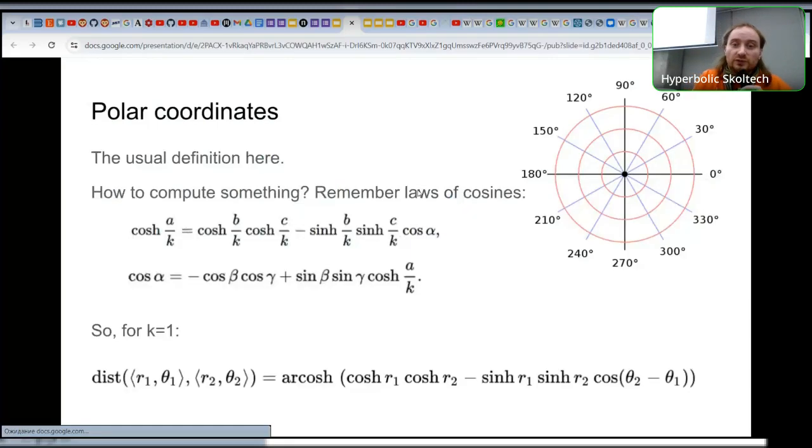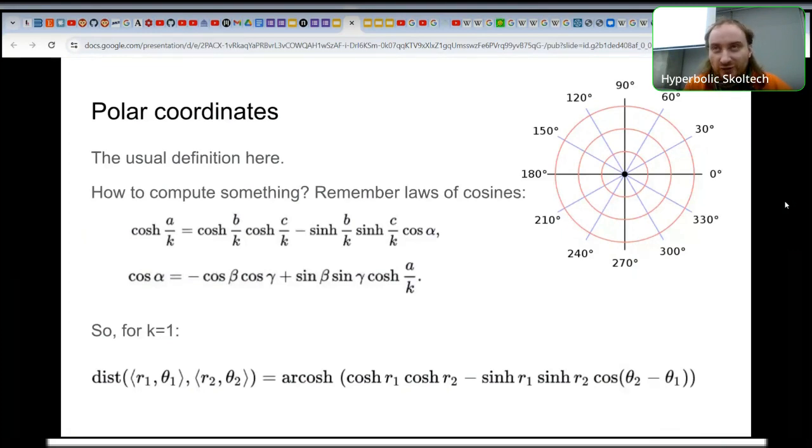Let's continue. Which systems of coordinates might we have? We might have polar coordinates for hyperbolic geometry. The definition is very standard. And how to compute in this coordinate system?